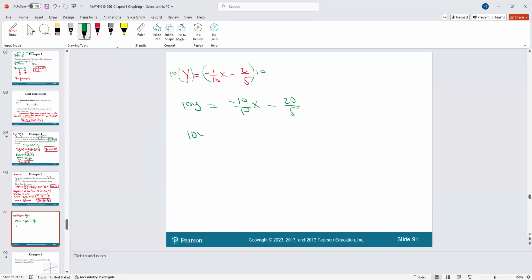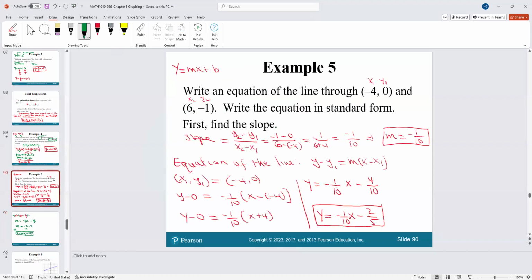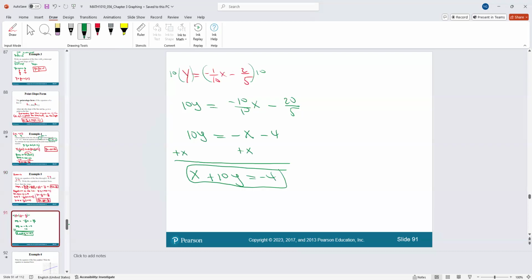So we have 10y equals negative x minus 4. If we add x to both sides, the final answer would be x plus 10y equals -4. So this is the standard form. Remember they ask you to write the equation in standard form and slope-intercept form. The first one was slope-intercept form, but this one is in standard form or the general form.